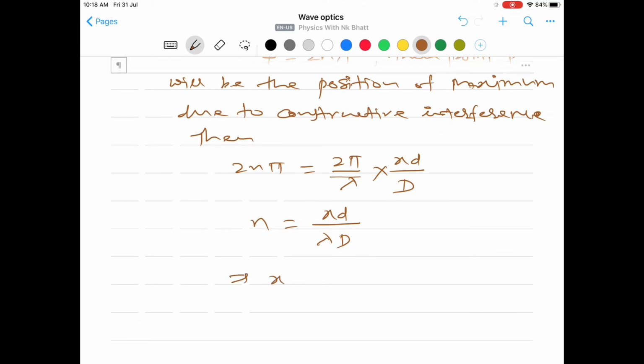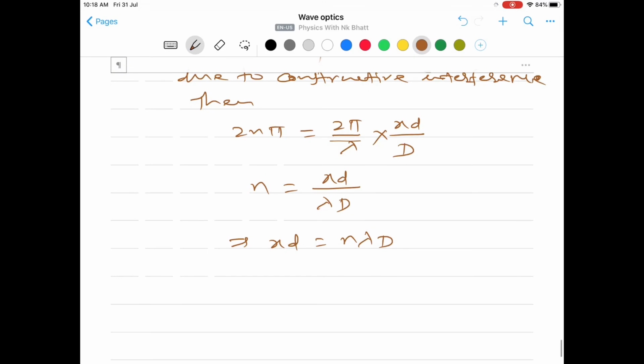If you cross multiply, xd is equal to n lambda D, which implies x is equal to n lambda D upon d.